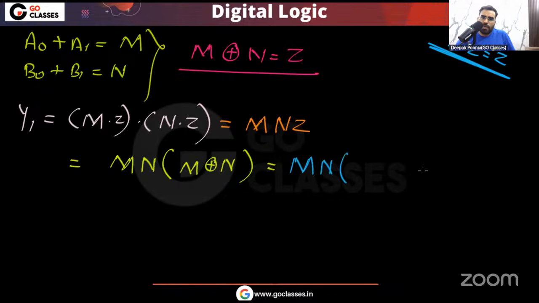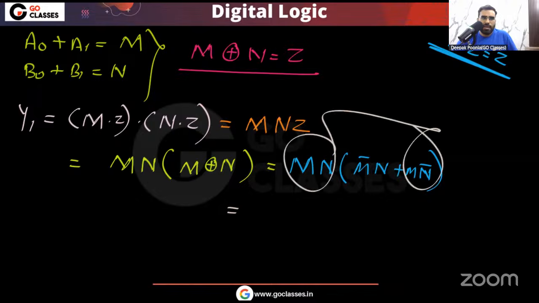Let's see. M XOR N, that is M bar N or M N bar. Right. So now just apply the distributive property. What we will get? Notice M N and M bar N. Here because of M M bar it will be 0.